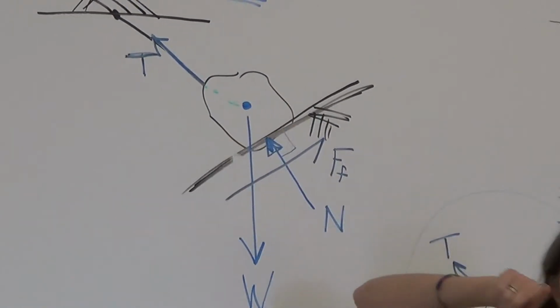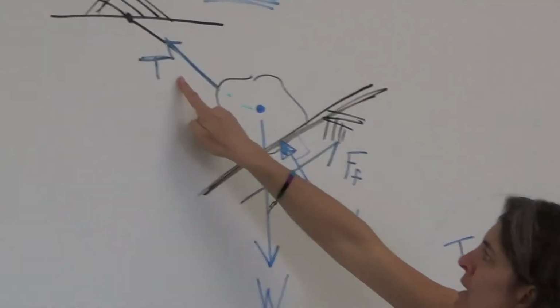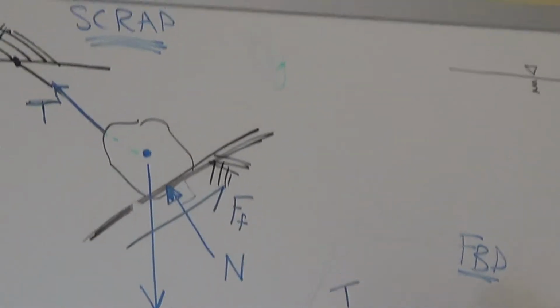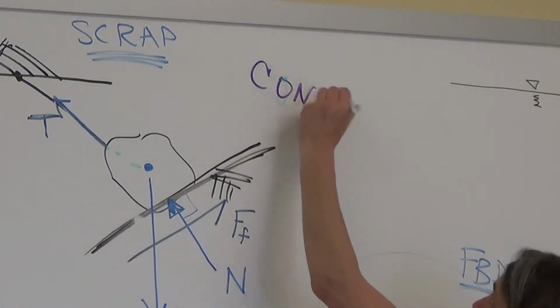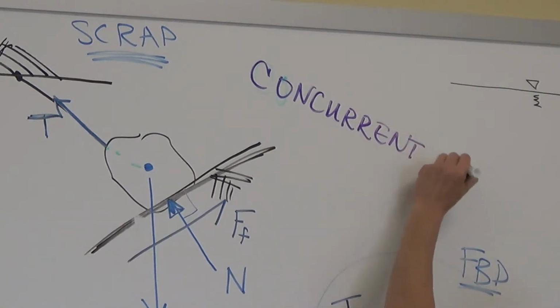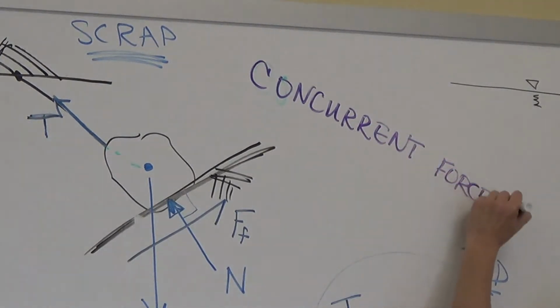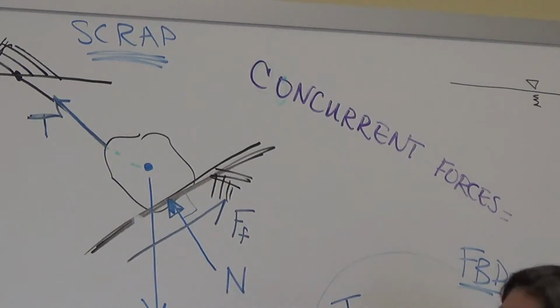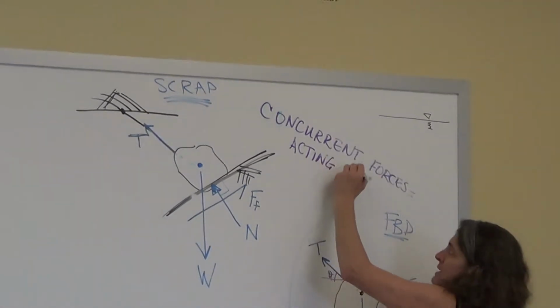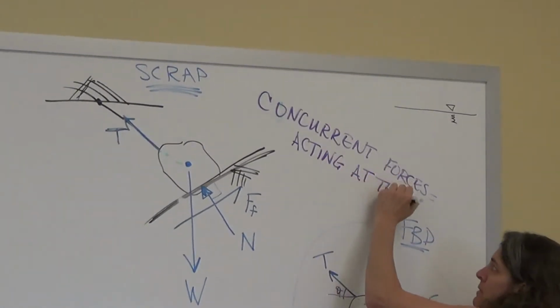Okay. To give you some terminology, T, N, and W are called concurrent, and this you need to know. Concurrent forces. What do you think concurrent forces means? If I said that T, N, and W are concurrent. They're acting at the same time? Not only at the same time, but acting at the same point.